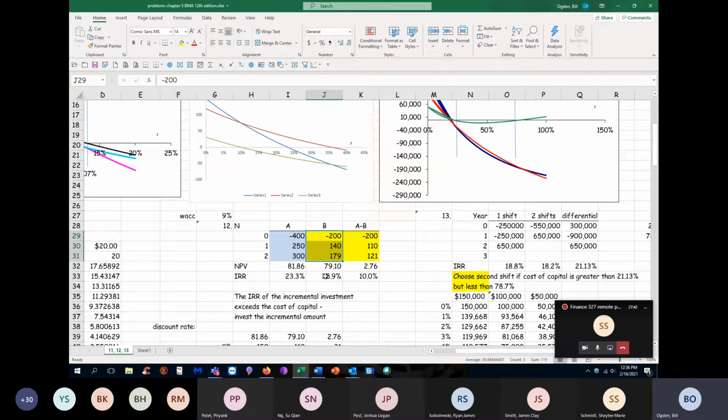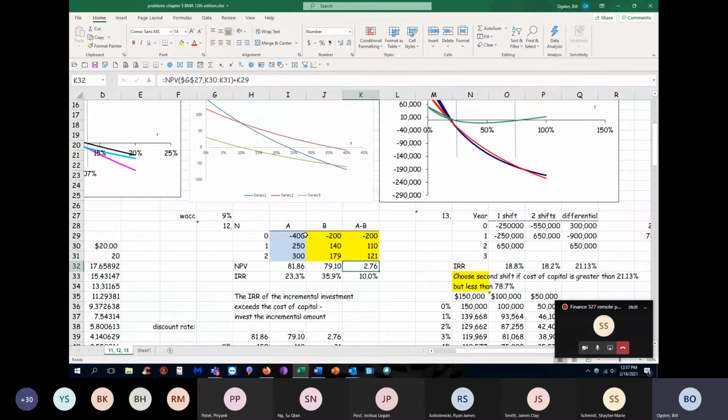The IRR is well over the cost of capital. So should I make an additional investment? Well, if you choose project B, you would in effect reject a project that has a positive NPV, because A, from a cash flow perspective, is equivalent to B plus the incremental investment. If these were millions of dollars, you would reject the opportunity for your shareholders to gain $2.76 million if you were to choose B over A.